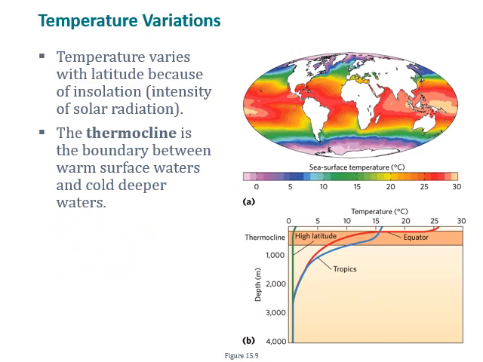Similar to salinity, temperature changes also with depth of water and latitude. The reason for this is that insolation, or intensity of solar radiation, is stronger at the equator than near the poles. So similar to the halocline, the thermocline is the boundary between layers of warm surface water and cold deeper waters.